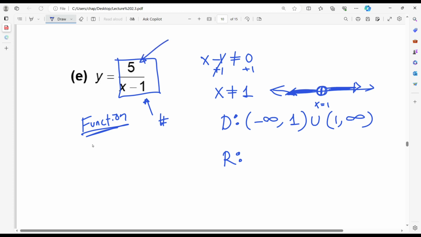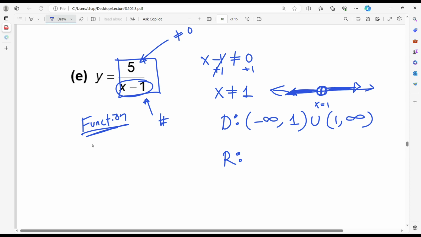The numerator cannot be equal to 0 because that's a constant number 5. And in the denominator, we can't have anything we want either. We can have negatives, we can have positives, but we cannot have a 0 in the denominator. So our range is also restricted.